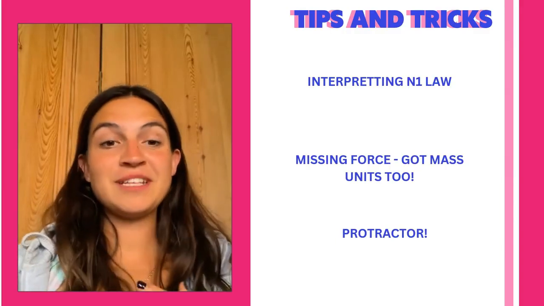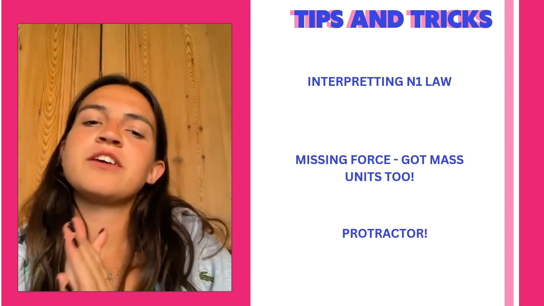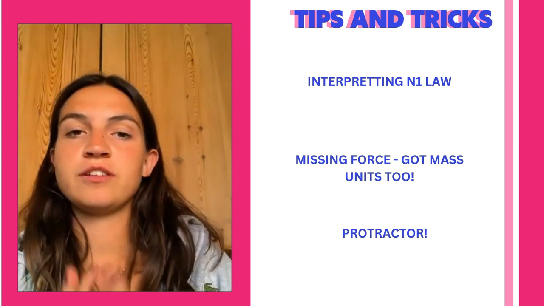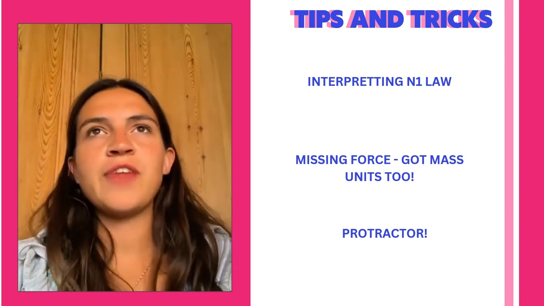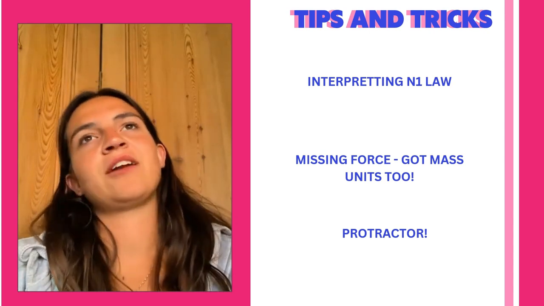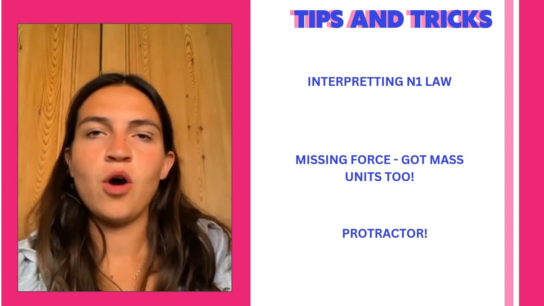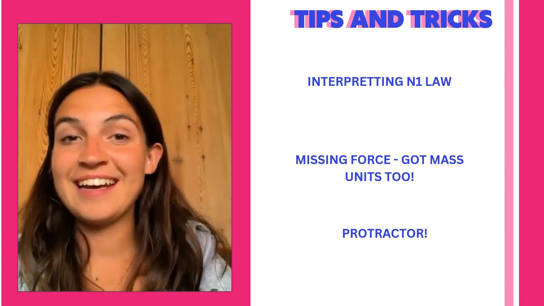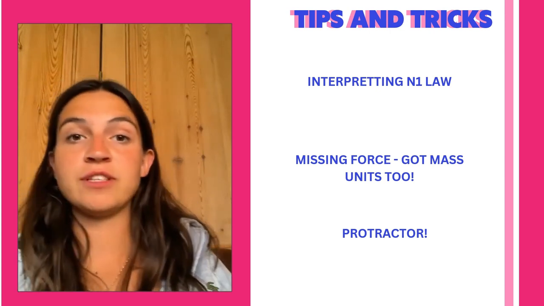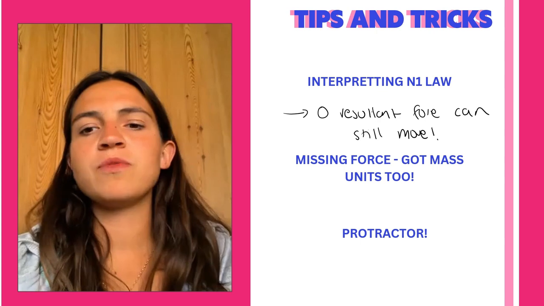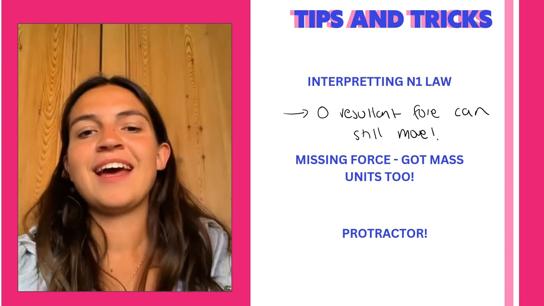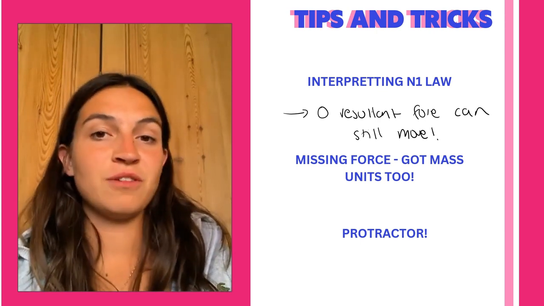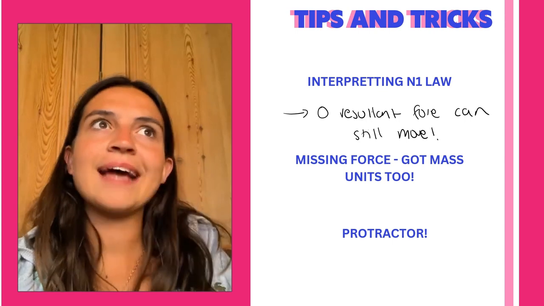Okay, so just some tips and tricks for this section. So firstly, interpreting Newton's first law. That is the law that states that an object will remain stationary or moving at a constant velocity unless it is acted on by a resultant force. So things to mention here is that if something has zero resultant force on it, it can still be moving.